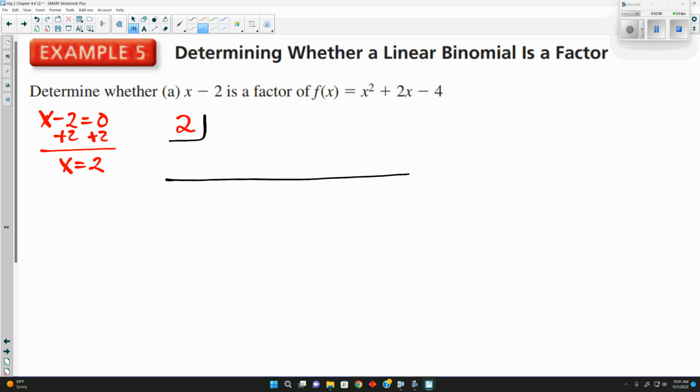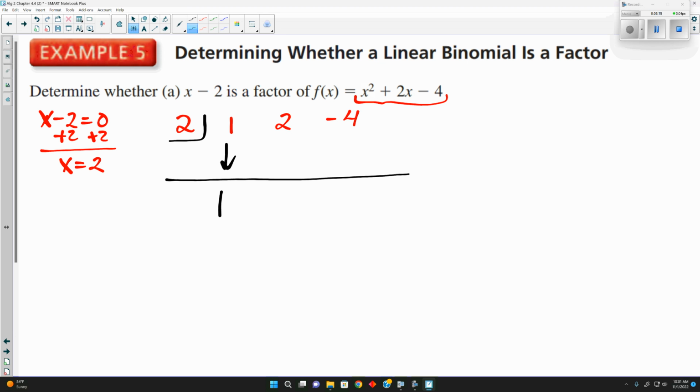Now the numbers that go across the top are our coefficients. So we would have 1 for x squared, 2 for x, and then negative 4. And the next thing we would do is bring down the 1. Any questions on how we set this up?